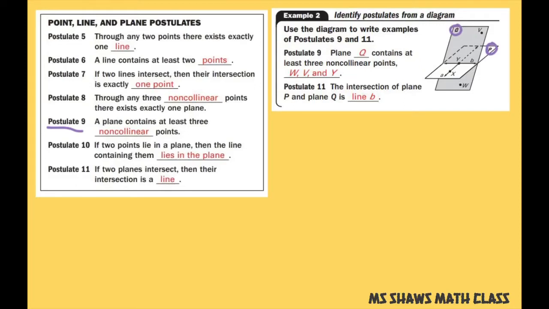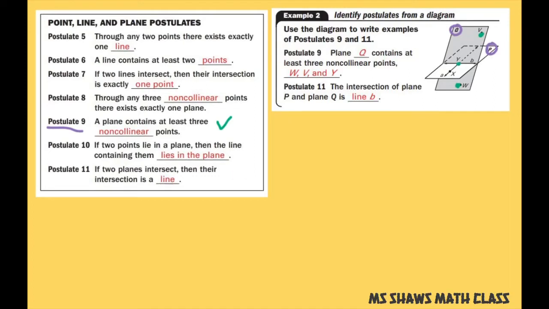We need to find 3. So let's look at Q. We have V, Y, and W. So that would satisfy postulate 9.